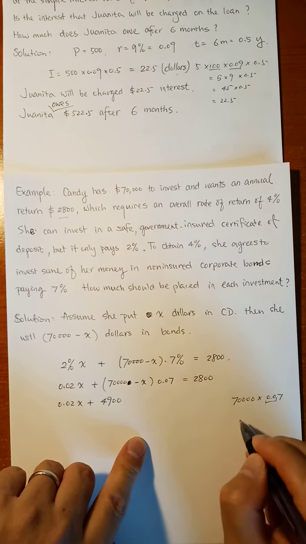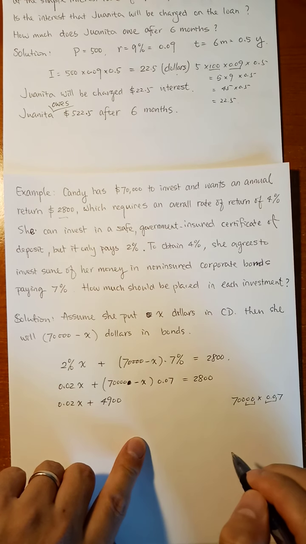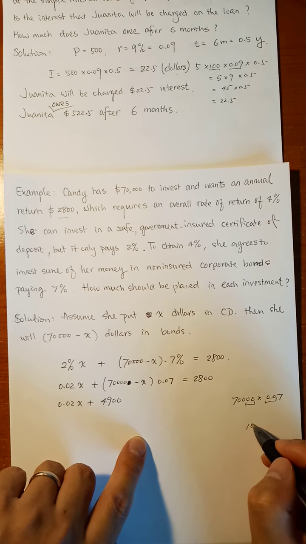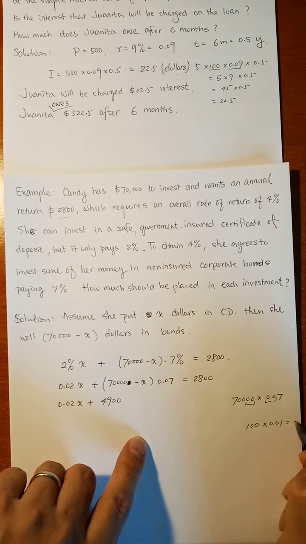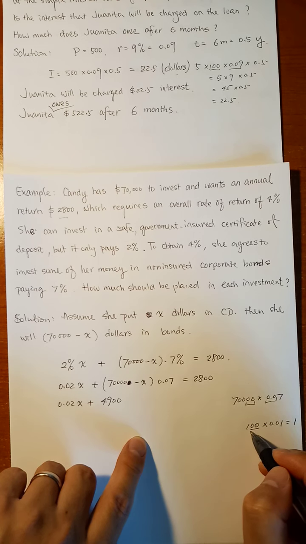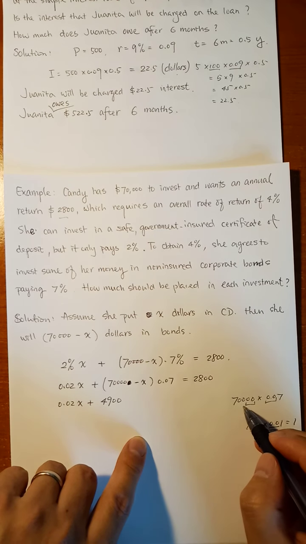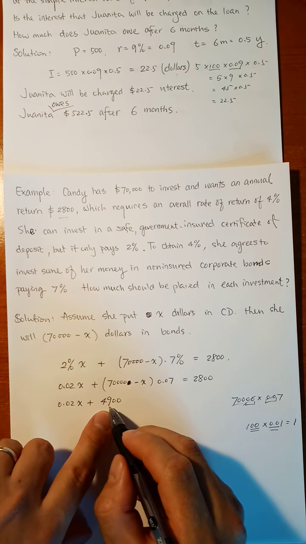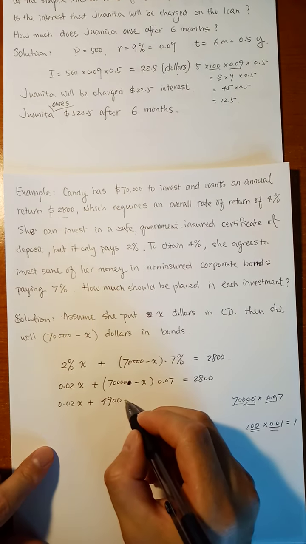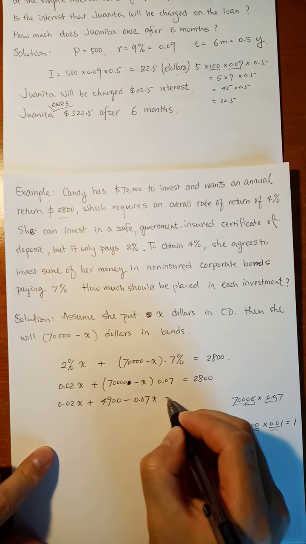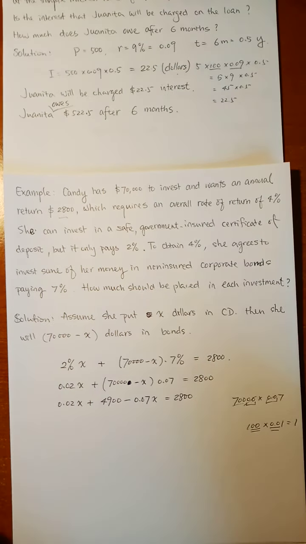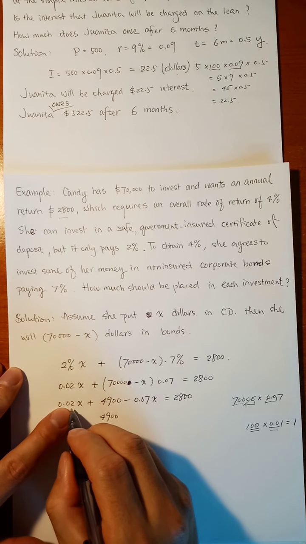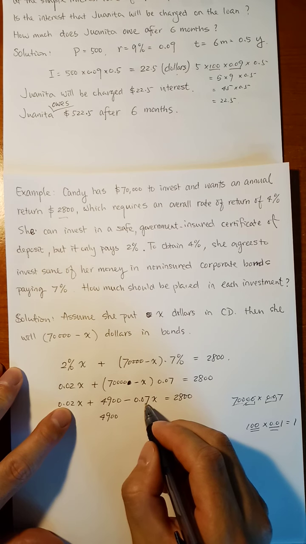In order to cancel these two zeros, you need to balance them. 100 times 0.01 is 1. So they are cancelled. You will have 700 times 7, that's why you get 4,900, minus 0.07x. So it's 4,900, and 0.02 minus 0.07 is minus 0.05.